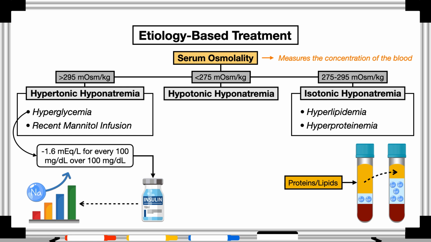Since serum sodium decreases approximately 1.6 milliequivalents per liter for every 100 milligrams per deciliter over 100, the correction of hyperglycemia with insulin will cause an increase in the serum sodium level as well.